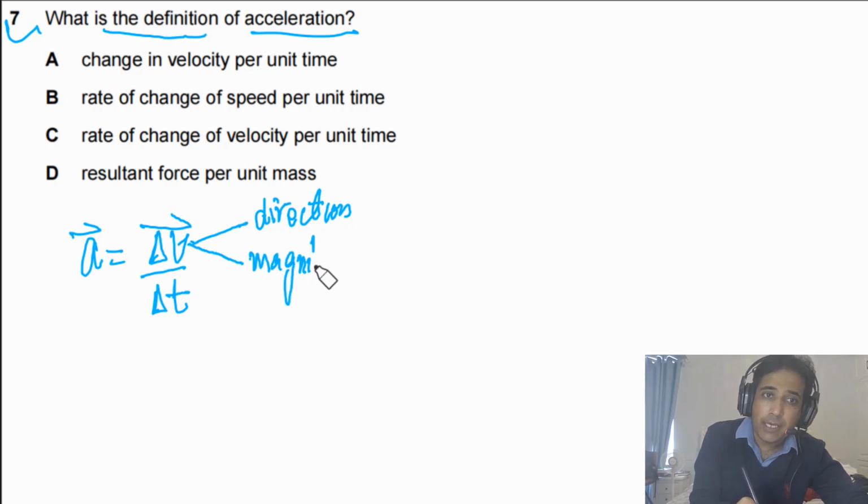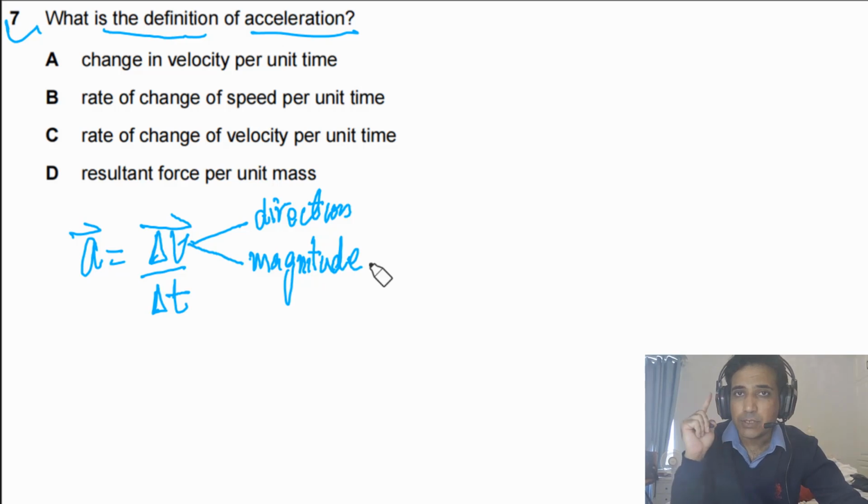A body can have acceleration only due to change in direction, as we see in circular motion. A body also can have acceleration due to change in magnitude of velocity. So acceleration can be due to change in direction, and also due to change in magnitude.